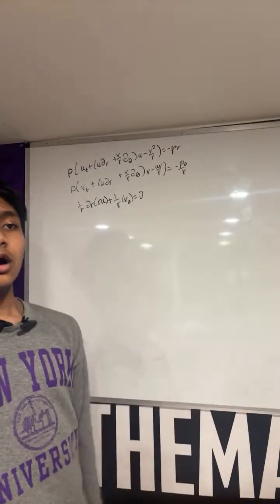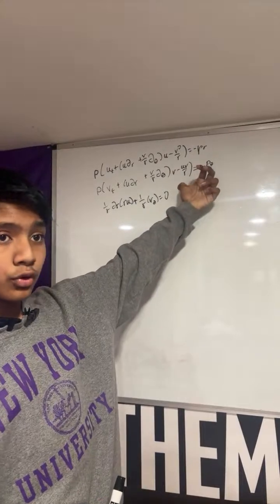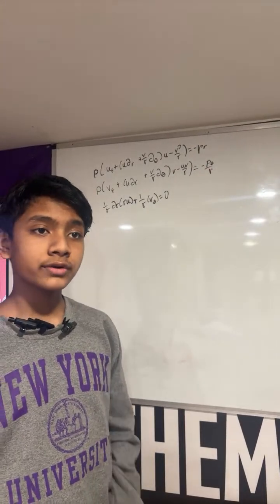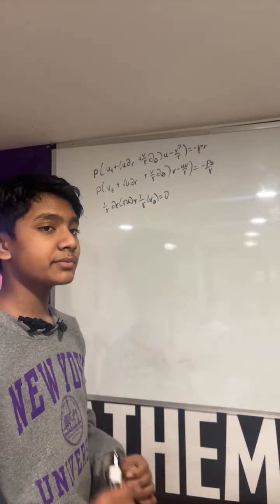coordinates version of fluid flow. Specifically, these are the Euler equations in polar coordinates for an incompressible fluid. So here's the big question.